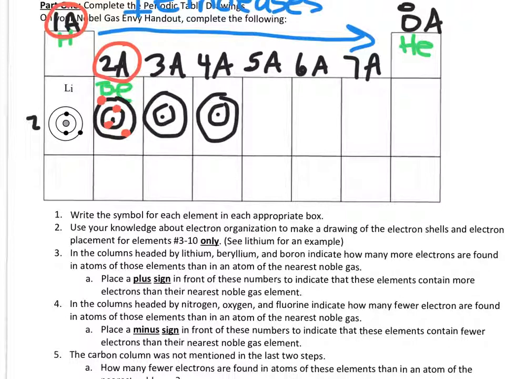If we do the same thing for the next one, boron, which is number 5, let's put a B for boron. Boron is number 5. He has 5 electrons. The first 2 go in the first shell, and then the other 3 are valence electrons, again matching up with the 3A, and so you're going to put it right there.